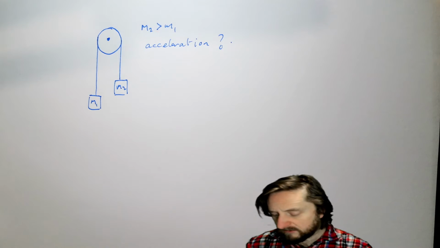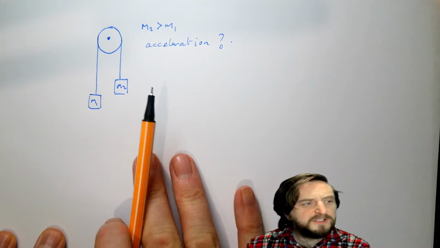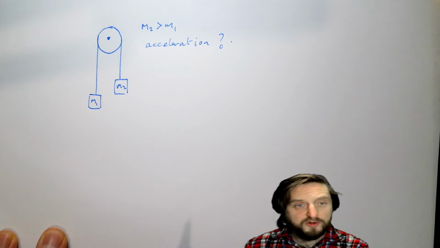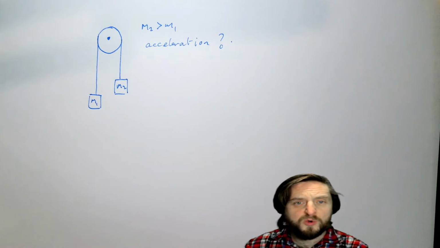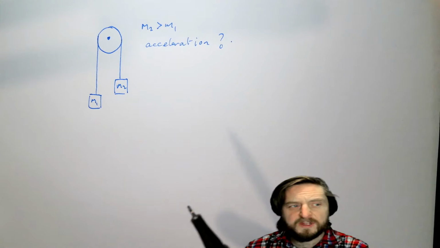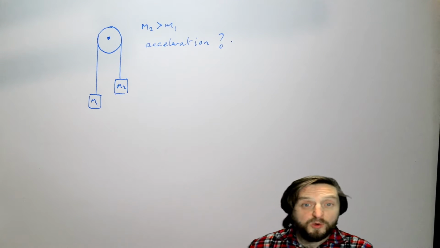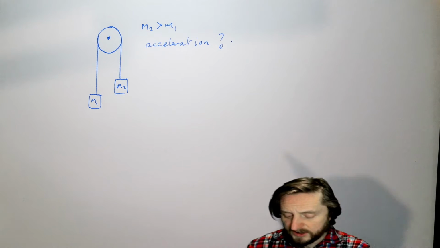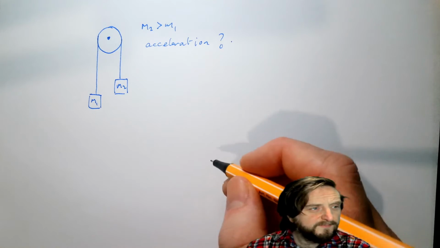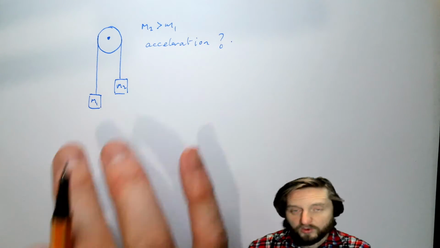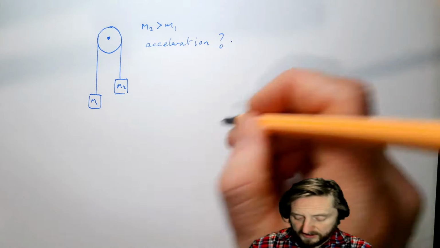So how do you find the acceleration? The first thing, as with all force problems, is to draw free body diagrams. These are two separate objects, and the idea of the F equals ma equation is that it applies equally to every single object, so we can draw two free body diagrams, one for each of the masses.